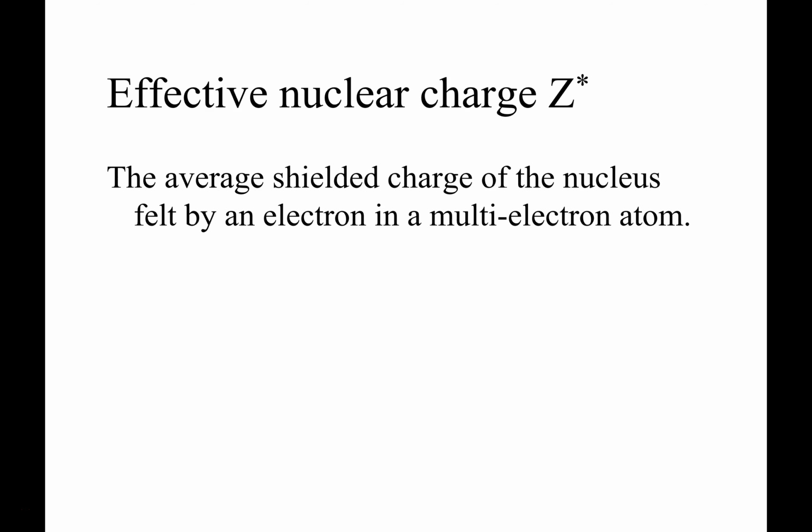I need 3 more, so I move on to the 3p, and I get 3p3. So these are my inner electrons. I have 10 non-valence electrons, and I've got 2 plus 3, so 5 valence electrons.